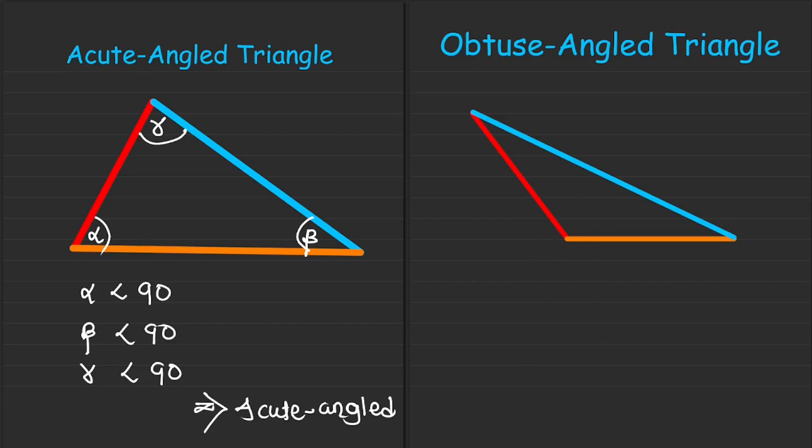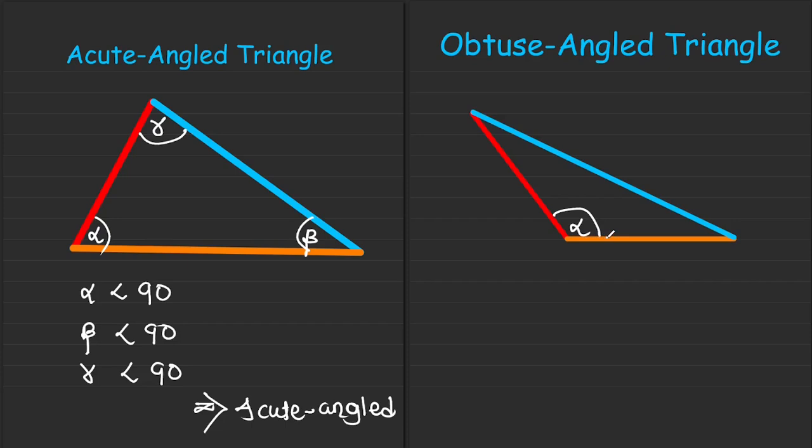So if you observe what we have over here, this particular angle is greater than 90 degrees, and it is as well less than 180 degrees. Since we take note of this, then it simply becomes an obtuse angle triangle. And this is the third type of triangle we need to take note of.